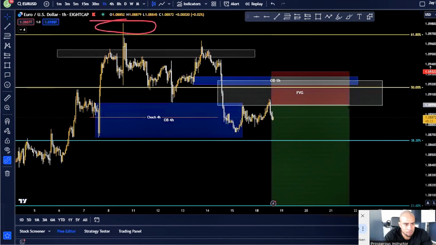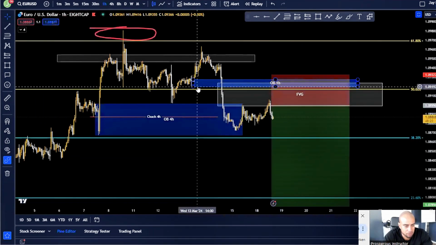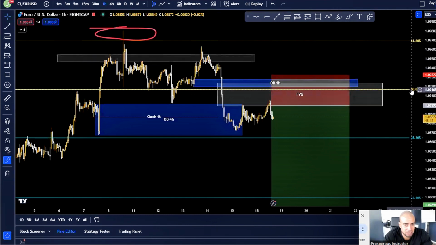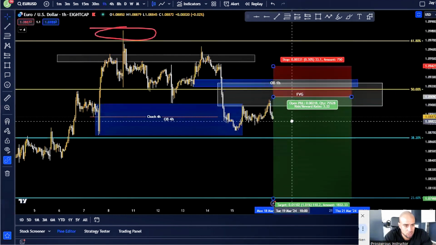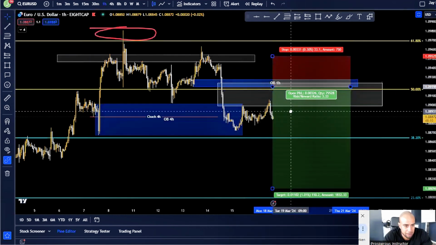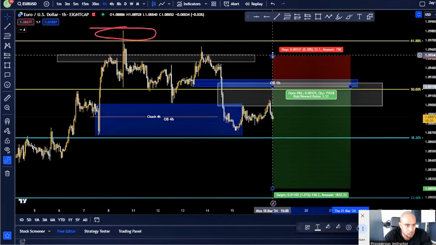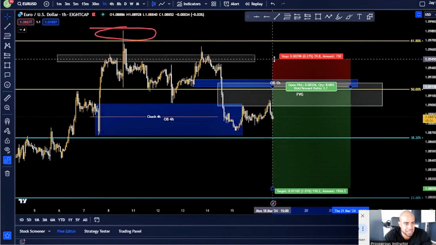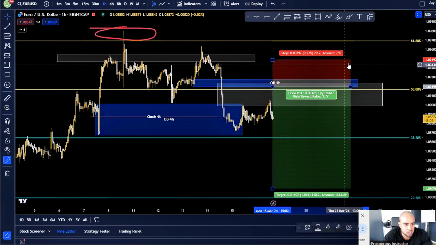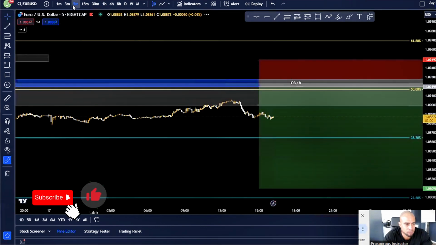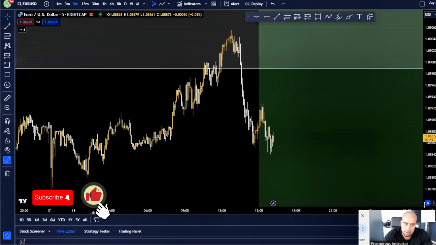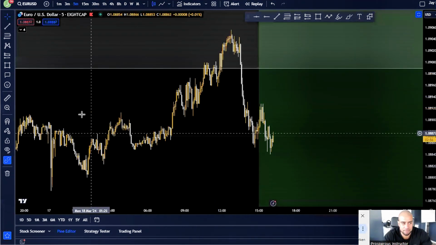And confluent with that, the lower level of that breaker block is almost exactly at the 50% Fibonacci. So now what we're looking for is entries from that breaker block. That's what we want to have. But before we will be able to take that entry, we will need to see some form of confluence on anything from 1 minute to 5 minutes.